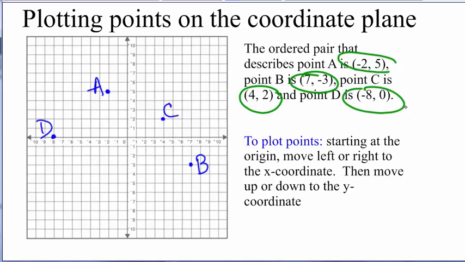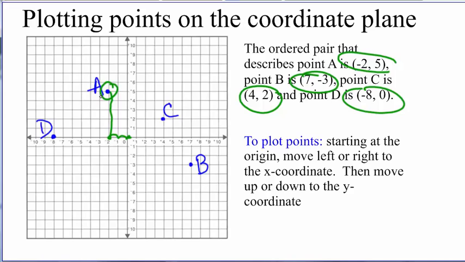Let's say I wanted to plot point A, and it's (-2, 5). I'm going to start here at the origin, and then I'm going to move left or right to the x-coordinate. Well, since the x-coordinate is -2, I'm going to move 2 to the left, so 1, 2. Then I'm moving up or down to the y-coordinate. Well, the y-coordinate's +5, so I'm going to move up 5 units, and that's what gets me to A here.